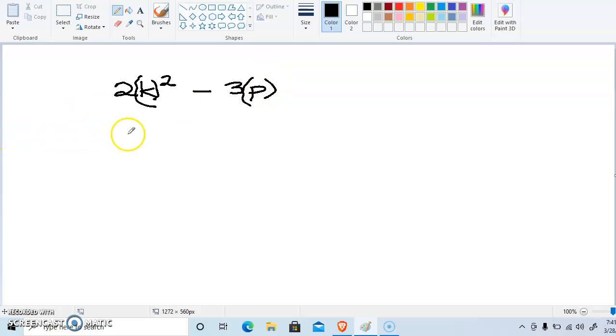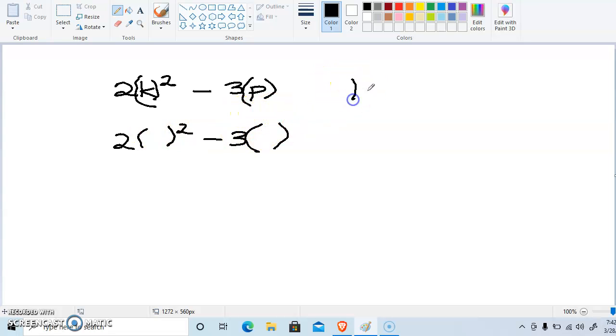Now, we're going to rewrite this with the parentheses and leave off the variable. Everything is going to be identical except for that. So you can see that this is the same problem except that we have not put the k inside of parentheses or the p inside.